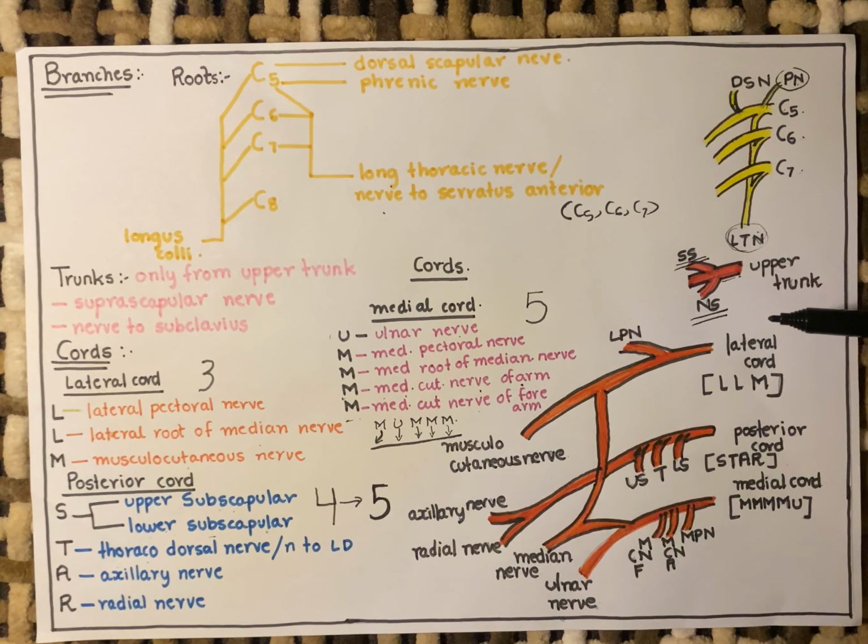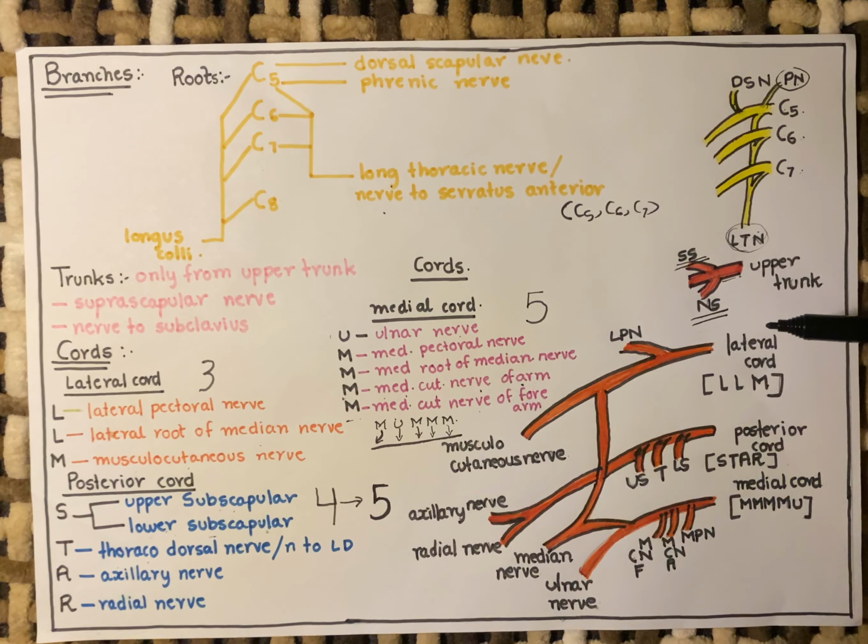Okay, moving on to cords, we've got 3 cords, lateral cord, medial cord and the posterior cord. From the lateral cord, LLM: lateral pectoral nerve, lateral root of the median nerve and musculocutaneous nerve. Moving on to the medial cord, we've got MUM, okay, M-U-M-M.